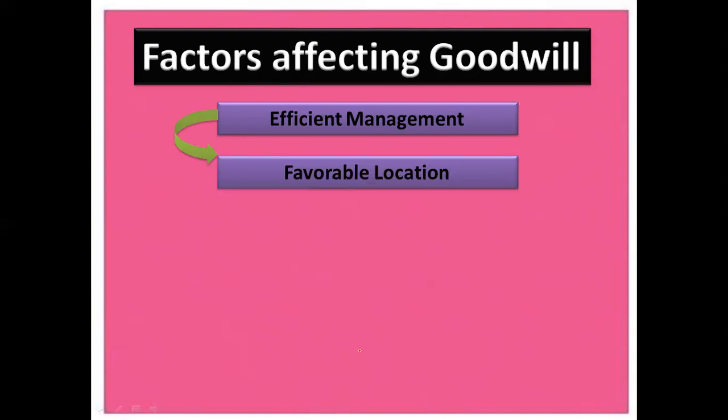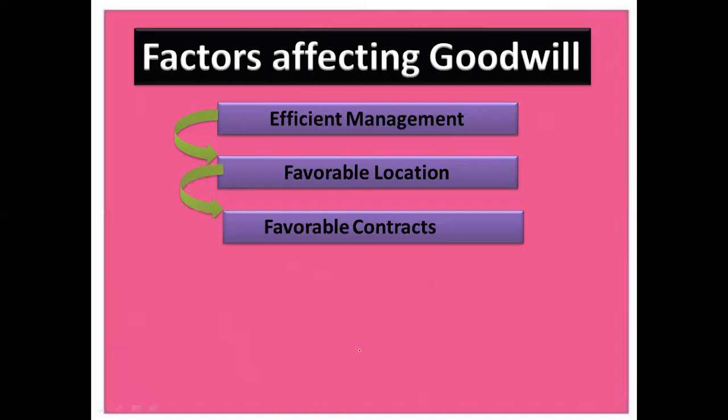Next factor is favorable location. If the business is located at a very favorable location, where it is easily approachable to the people, where transportation can easily reach, where buyers and other marketing people can easily approach, definitely it adds reputation to the business.